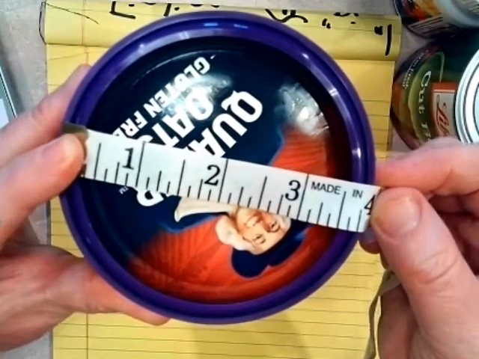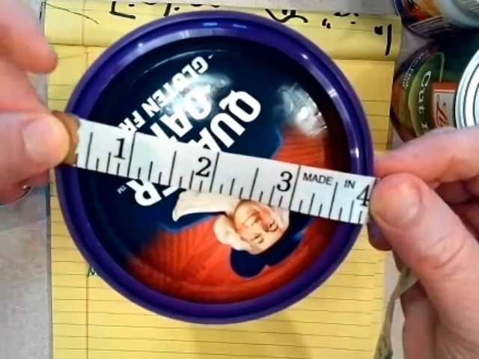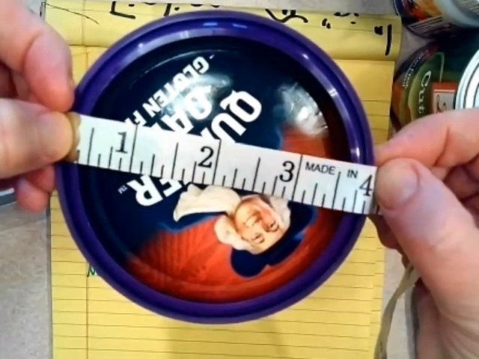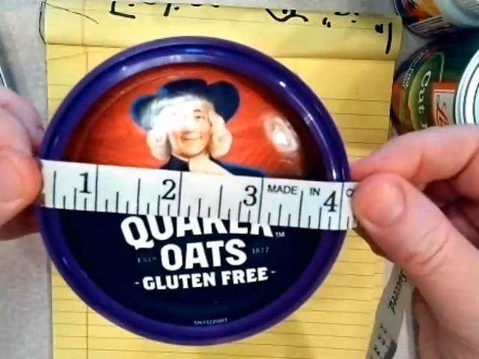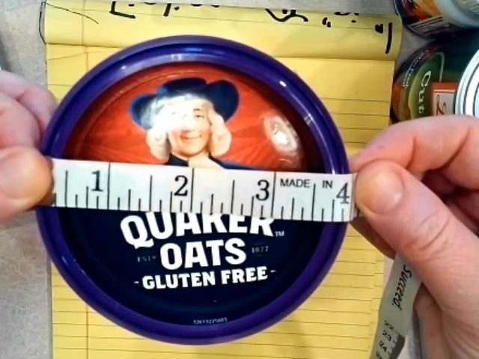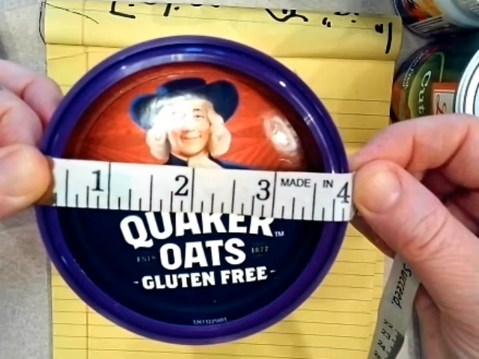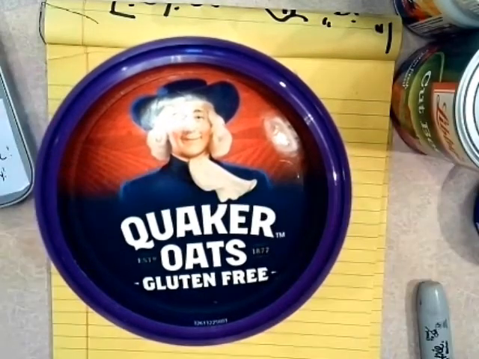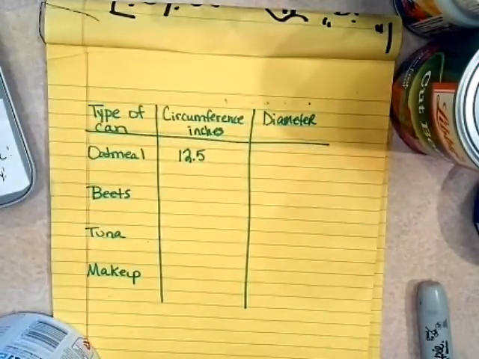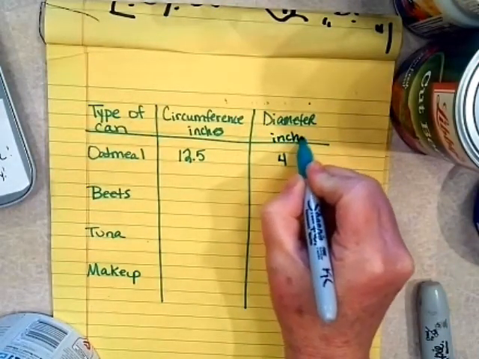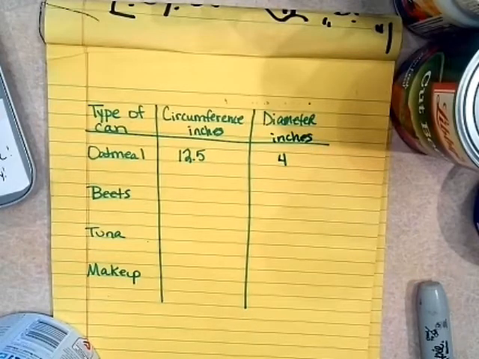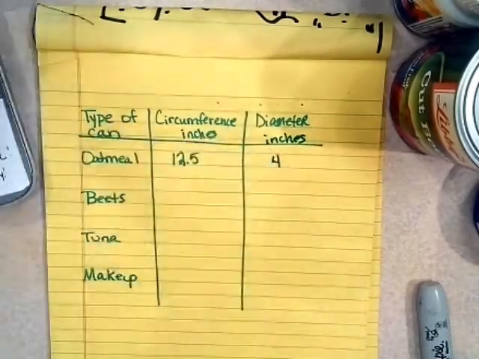I want to do my best to be right across the center of this. I'll do it right here this way so the words are straight. Looks to me like it is 4 inches. So the diameter then is 4 inches. The diameter is all the way across that circle.